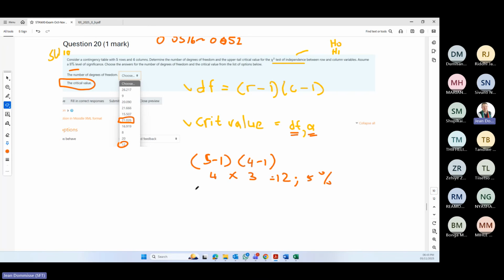Okay, so just by working out the degrees of freedom, getting that 5% level of significance, then go to your chi-square table, and that then is 21.026. Let's just, for interest sake, check.